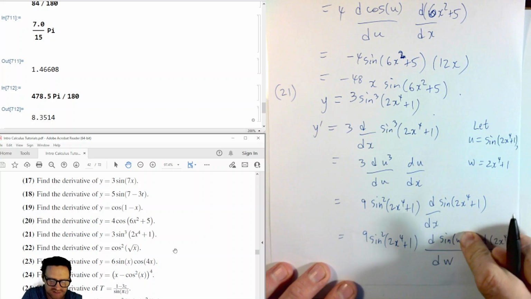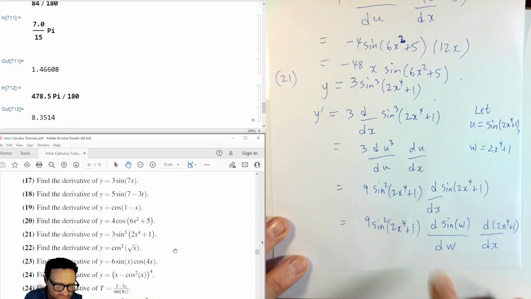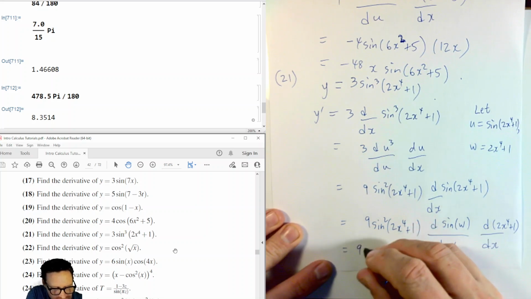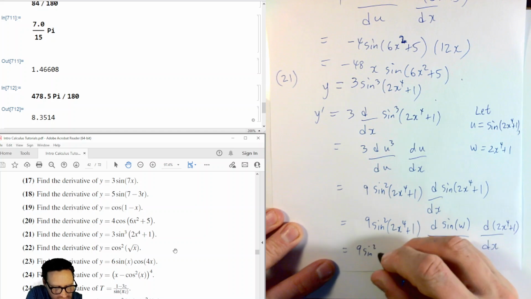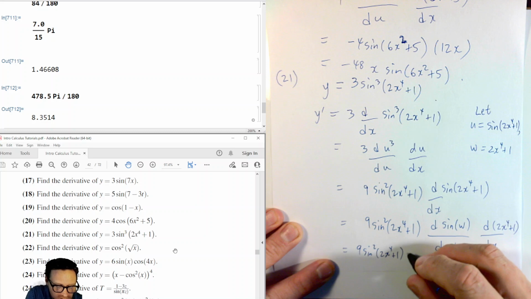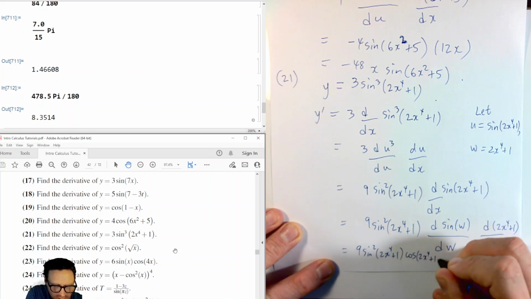The derivative of sine of w with respect to w is cos of w. So we have 9 sine squared (2x to the 4th plus 1) cos of w, but w is 2x to the 4th plus 1.